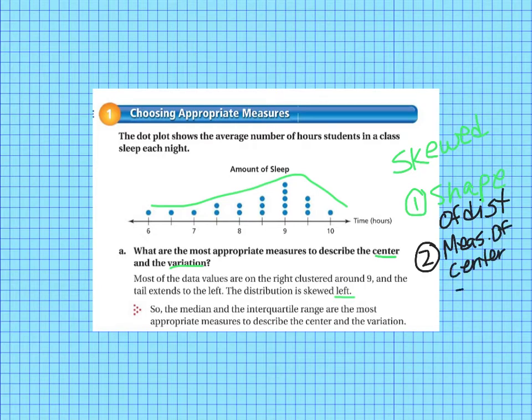Which in this case is the median. And 3, you're going to identify which measure of variation you should use, which in this case is the IQR.